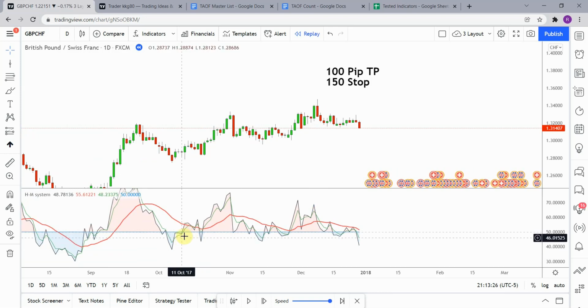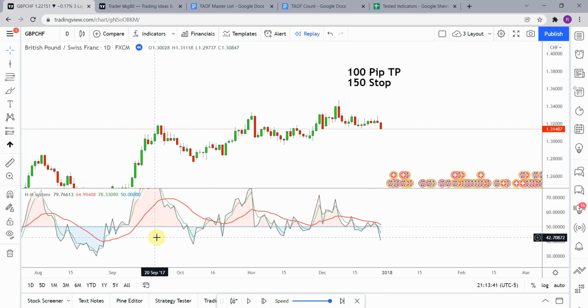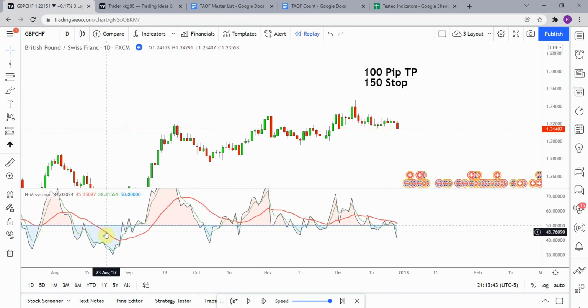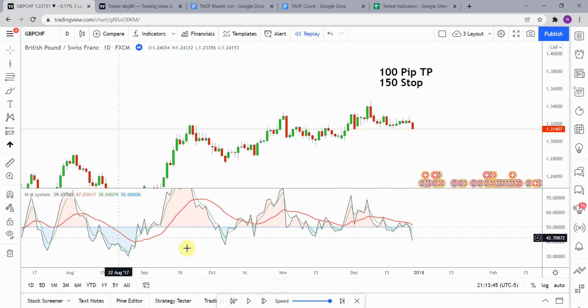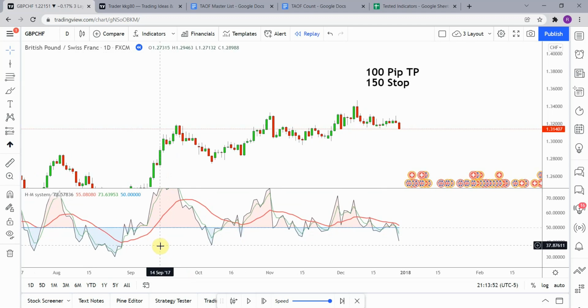So as the black line breaks up above the 50 marker, that would be a long entry. Red line above, and then the black line breaking up above the 50 would be our signal to enter. If the red line was below, then we are looking for the black line to break down below the 50 marker and enter into a short opportunity.